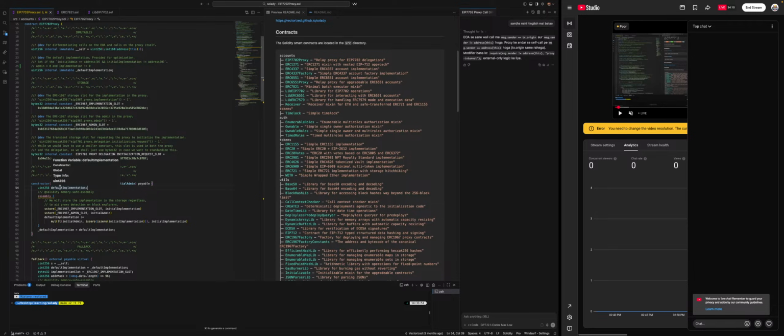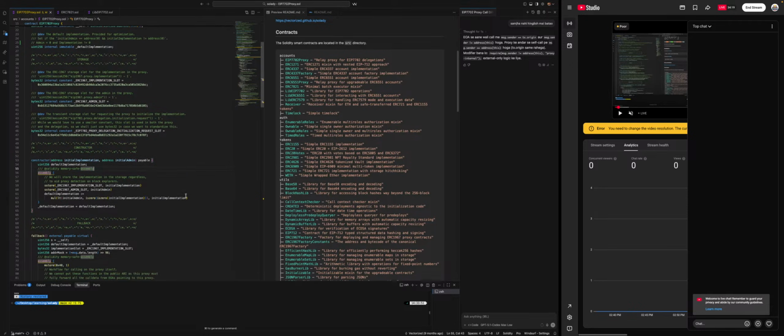So what we are doing is that we have this constructor which is taking two addresses, initial implementation and the initial admin, and we are making it payable, right? So we need to send some money.